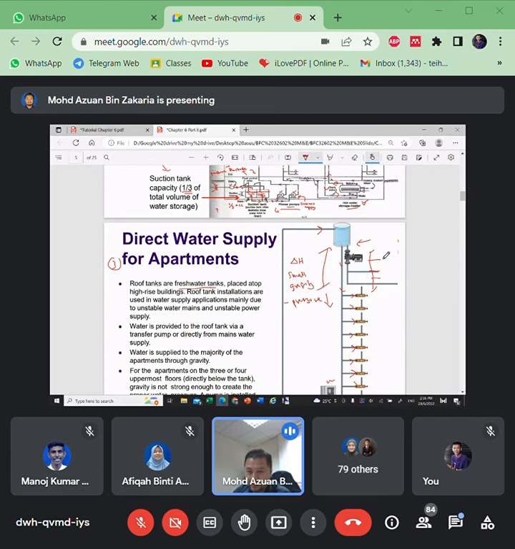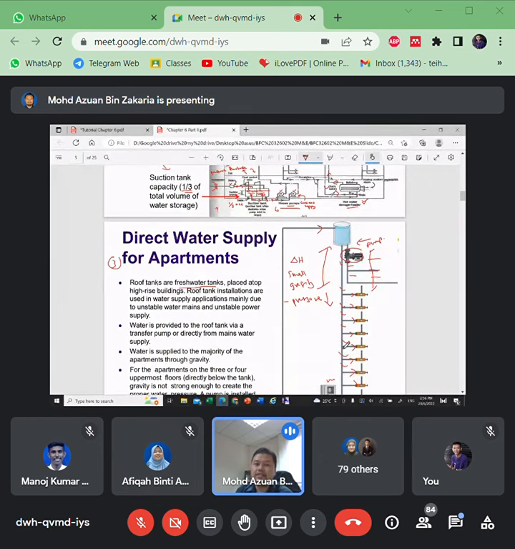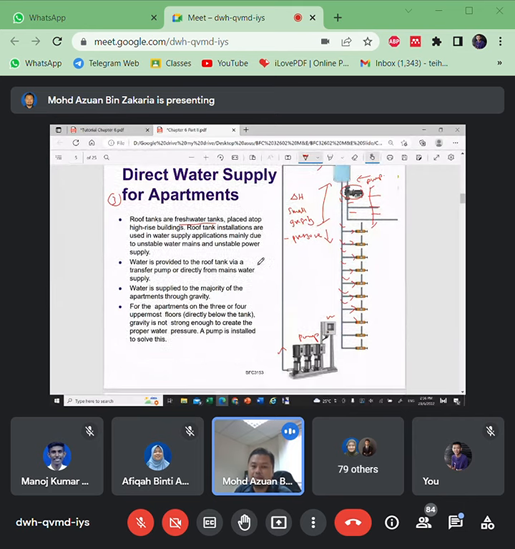So another alternative is to provide pump for the 3 or 4 levels underneath the freshwater tank system, and the rest can just be used by gravity. So that is a direct water supply system for apartment.